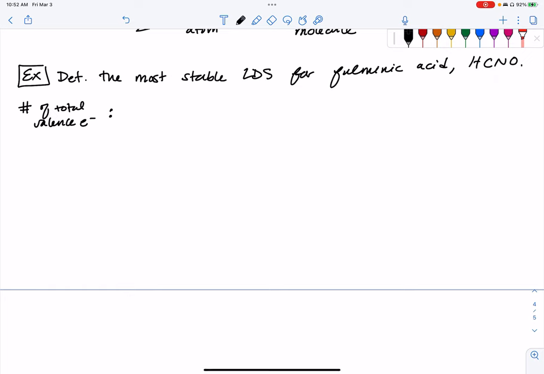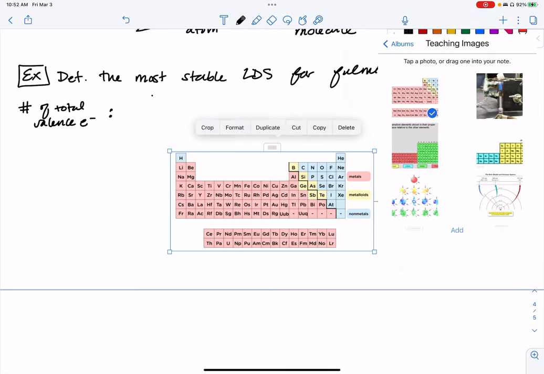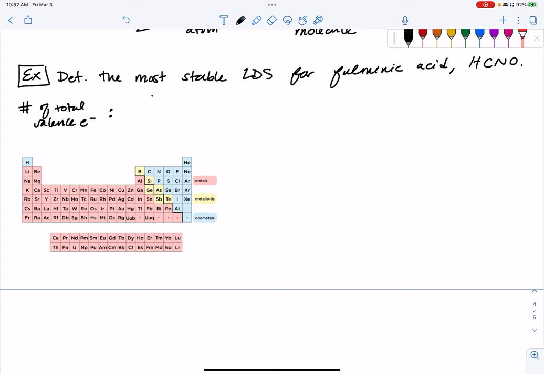For our bonding, so useful to have a little periodic table up here. So hydrogen, this is in the first column. This contributes 1 valence electron. Then we have 1 carbon, which is in the 1, 2, 3, 4th main group. So this contributes 4 electrons.